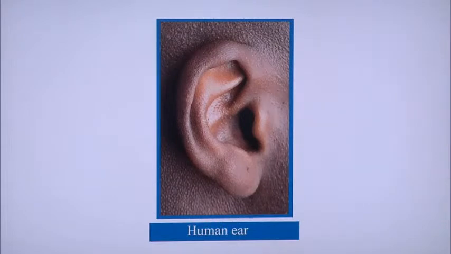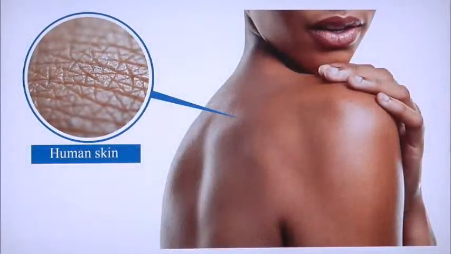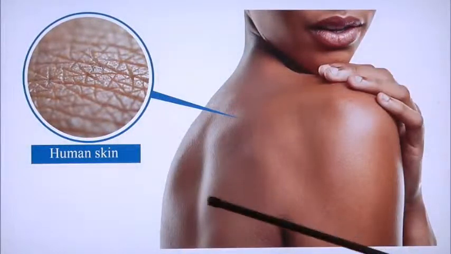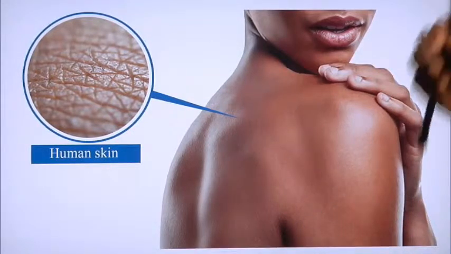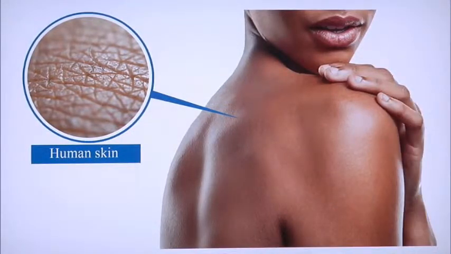Let's look at another sense organ. We have the skin. Now the skin is the largest sense organ of the human body. If you look at the human body, you see that all over we have the skin.